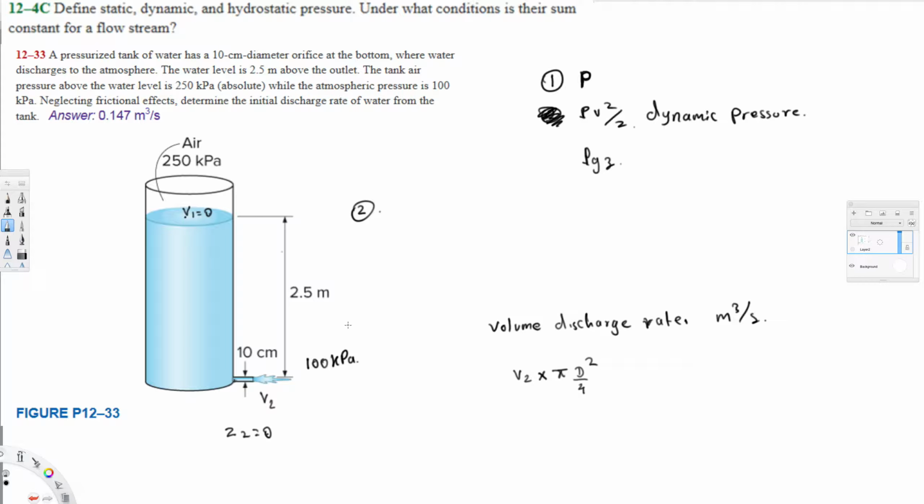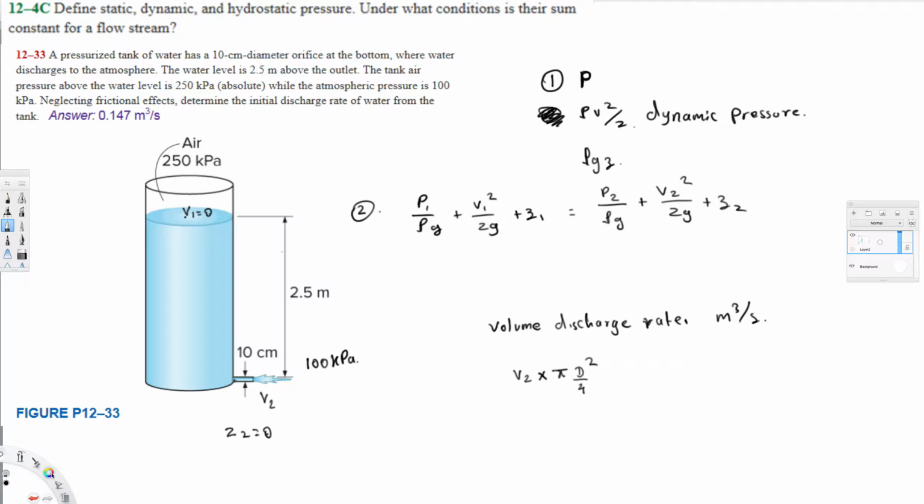Right? So what I can do is pick up the Bernoulli's head equation. That is P1 over rho g plus V1 square over 2g plus Z1, and this is going to be equal to P2 over rho g plus V2 square over 2g plus Z2.